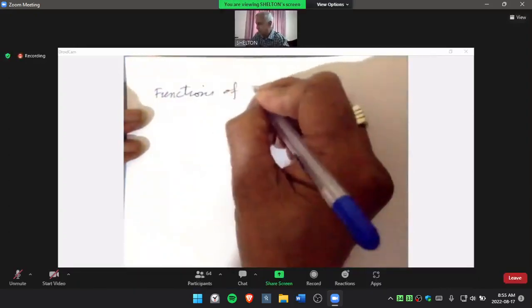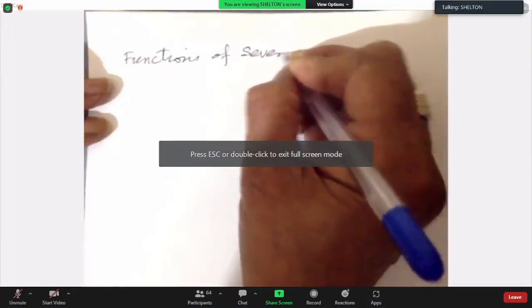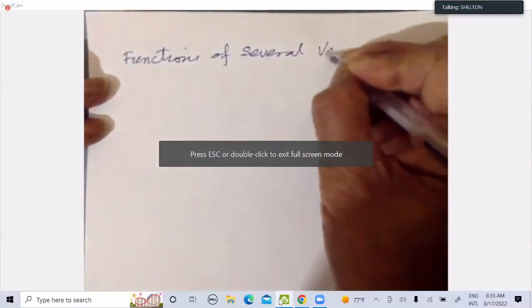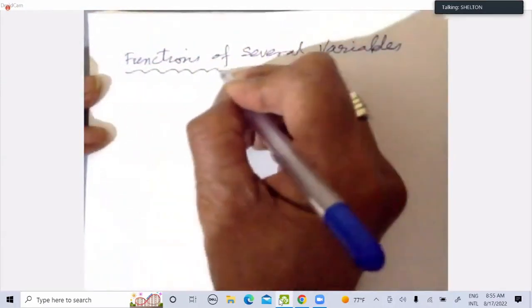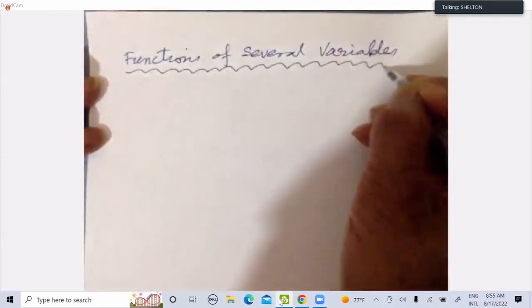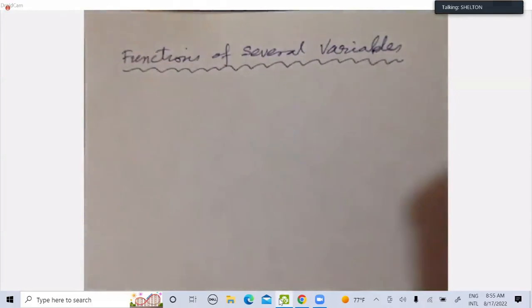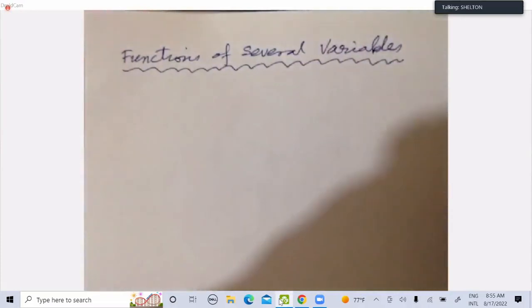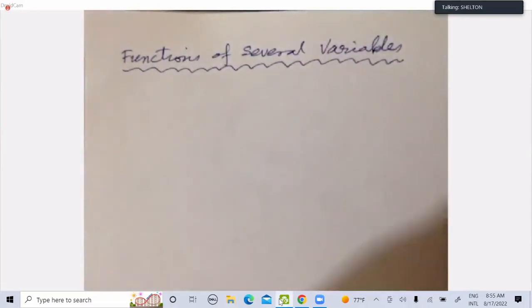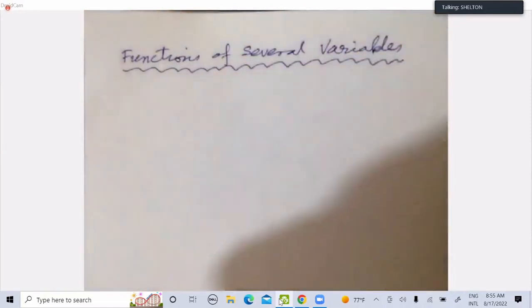Functions of several variables. So far, in 1303 and 1307, we dealt with functions of a single variable, f of x. Here, we are going to do the same for functions of more than one variable.